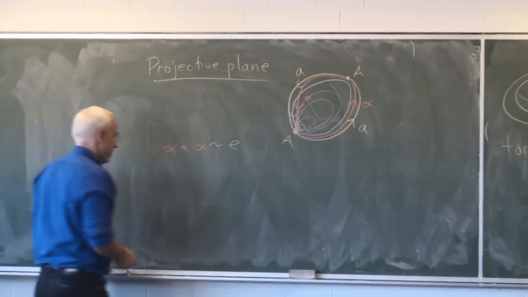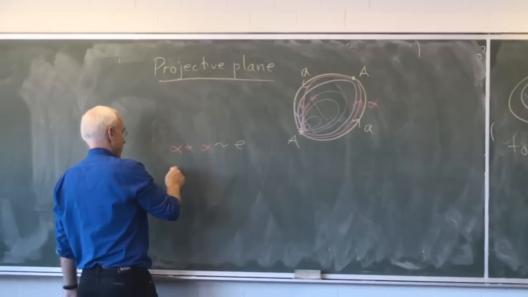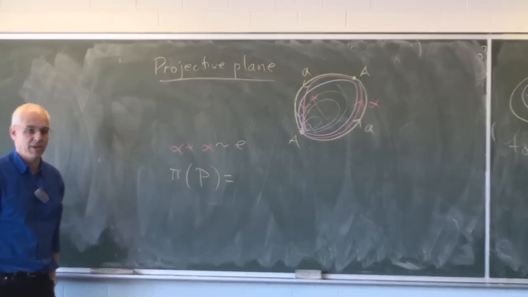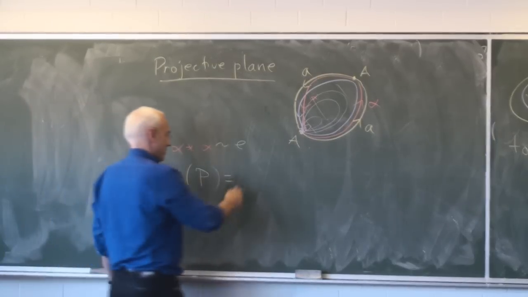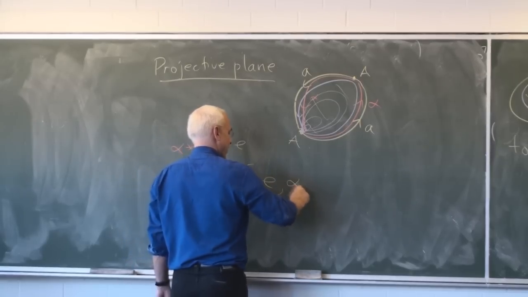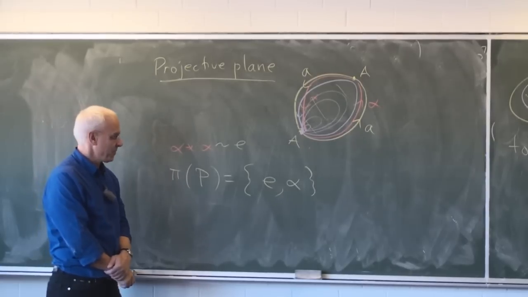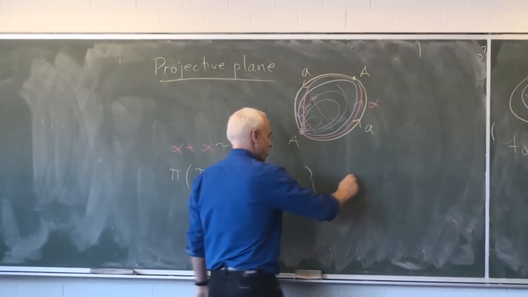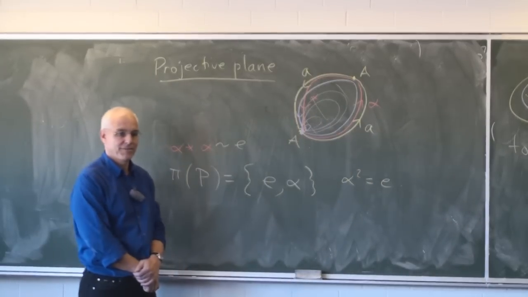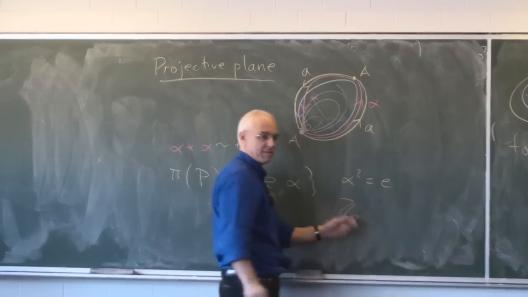So this group, pi of the projective plane, really only has two elements in it. If we think of it as a set, it's got E and this alpha. And the only non-trivial multiplication is that alpha squared is E. So in terms of group theory, it's something called Z2.